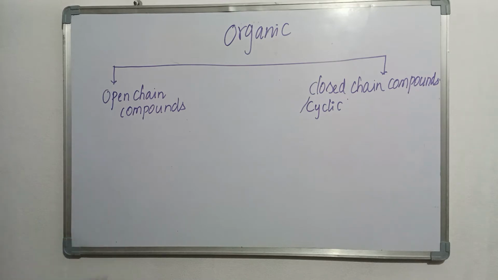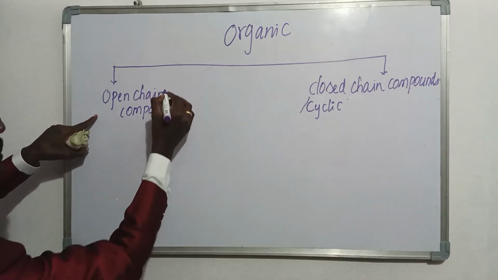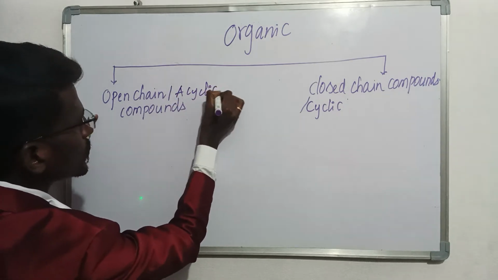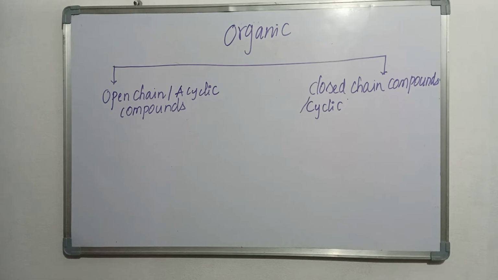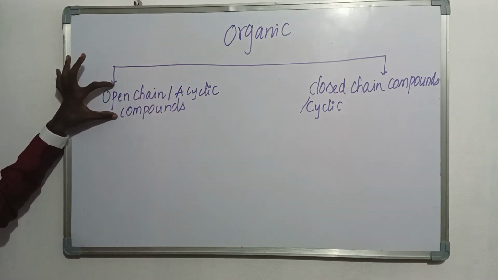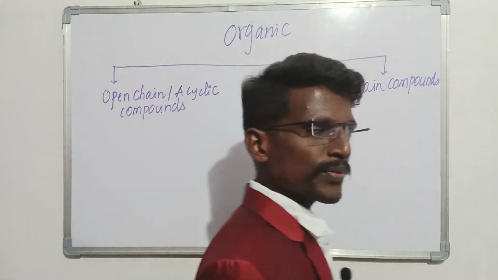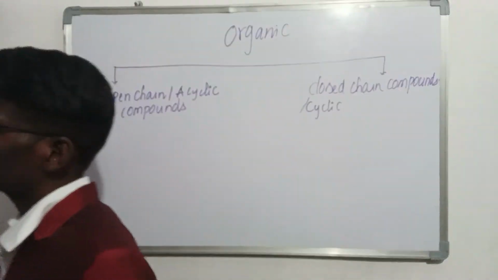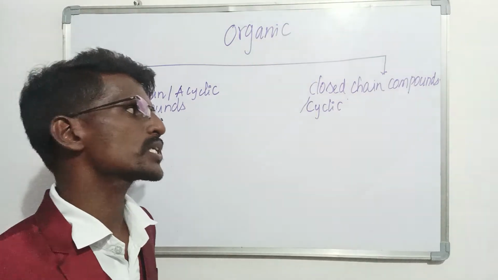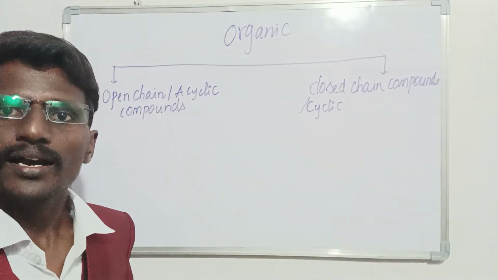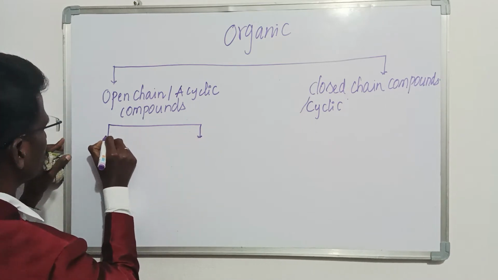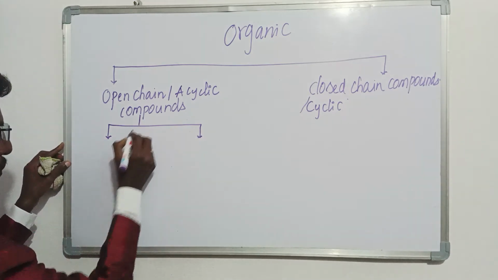Closed chain compounds are cyclic compounds, and open chain compounds are acyclic compounds. So the organic compounds are mainly classified into open chain compounds, also called acyclic compounds, and closed chain compounds, also called cyclic compounds.